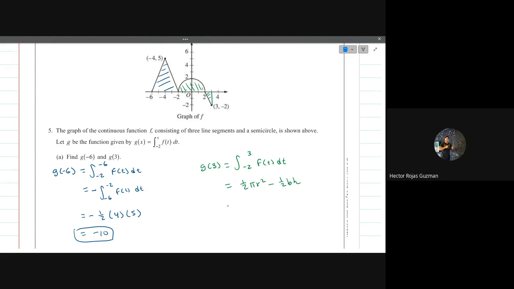Be really careful because the triangle is below the x-axis, so that means your area is going to be negative. So 1/2 pi, the radius of the circle is 2. The base of the triangle is 1 and the height is 2. Technically it's negative 2, but I already wrote my negative right here, so I don't have to say it twice.